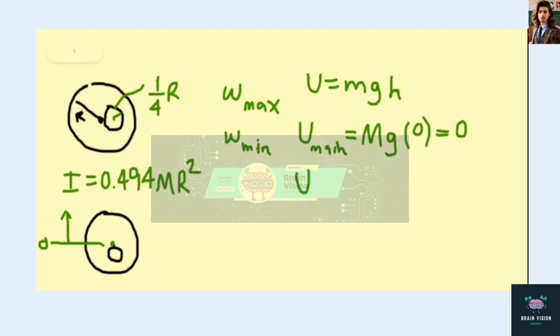Potential energy of that missing element, I'm going to call it the hole, is mgh, but its h to its center of mass is 1/4 of the radius.